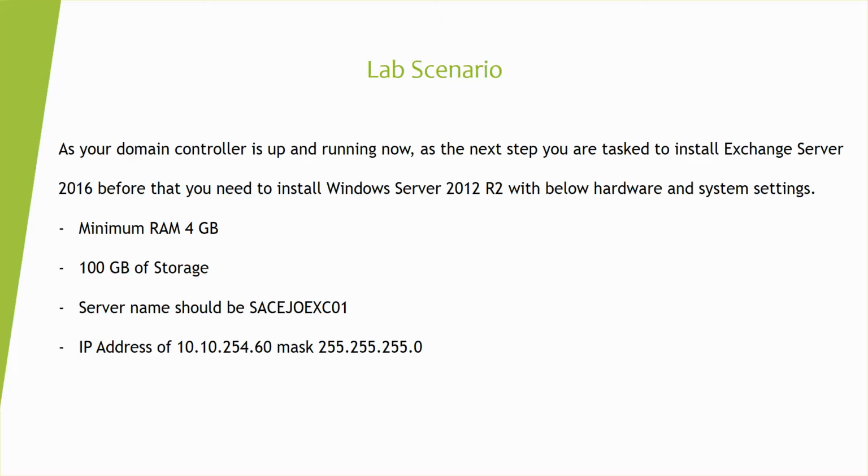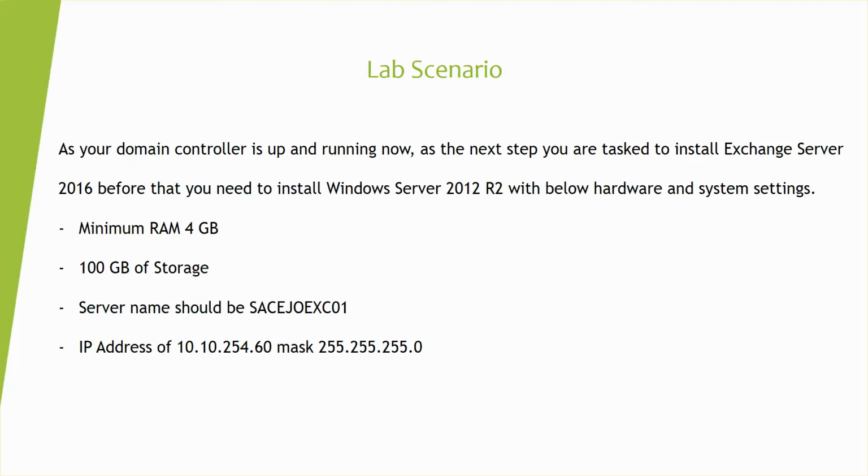What we are doing here is we already set up a domain controller for MGO Tech Company for their Sacramento office. Now they're asking us, okay, you set up our domain controller already, and now you have to install and configure Exchange Server 2016, and we want you to use these hardware and system settings.